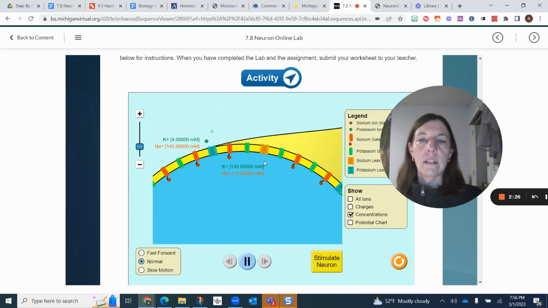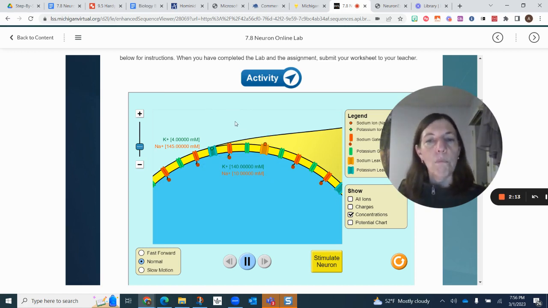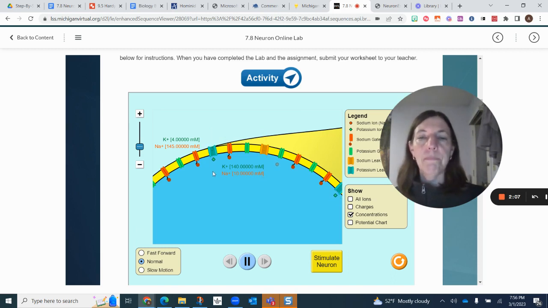Notice that the concentration of Ks, or potassium, is very high inside the cell, and notice that the sodium concentration is very high outside of the cell. So most of the ions that are potassium are actually moving out of the cell, most of them. And most of the sodium are moving into the cell. Not all of them, though.